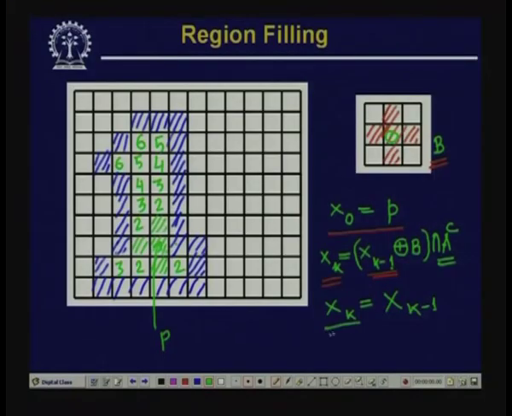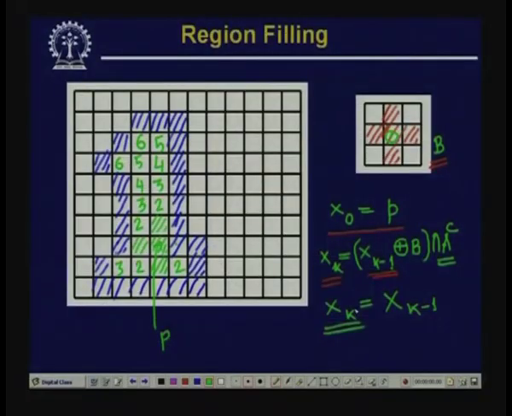And at that point of convergence, whatever x_k I get, this x_k contains all the points which are filled up because of these iterative operations. And finally, when I achieve this convergence, the final set will be given by x_k union with our original point set A. So, at the end you find that all these points within this boundary have been made equal to 1.